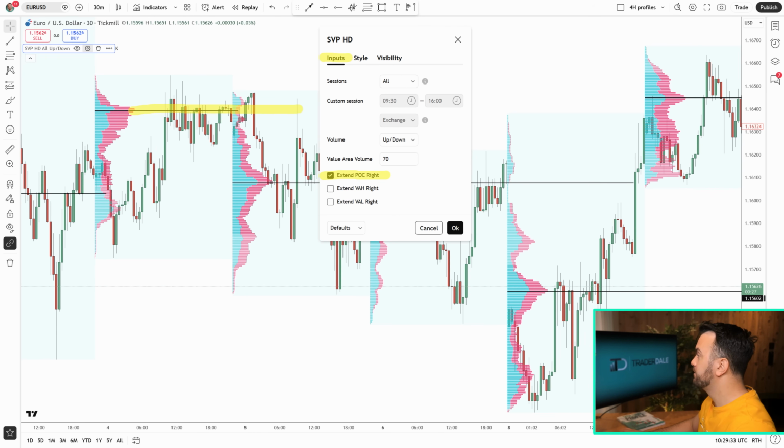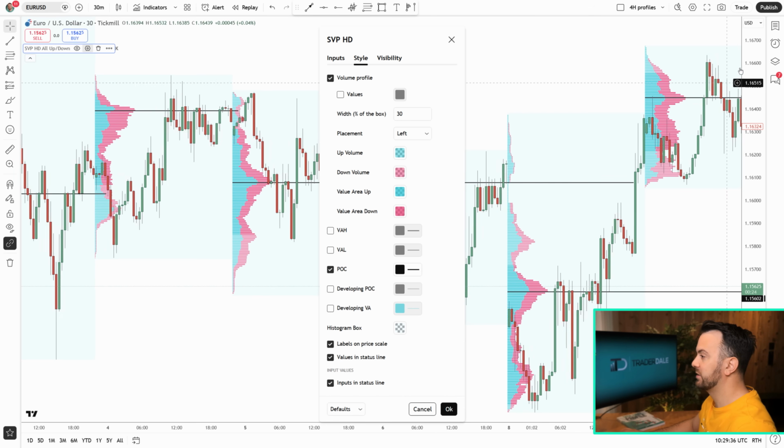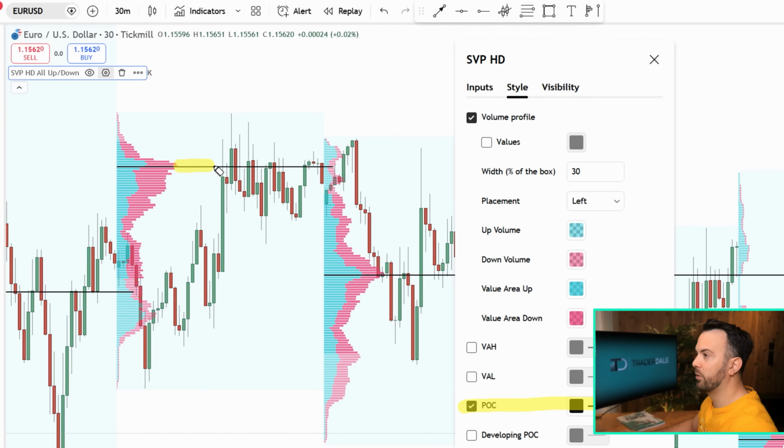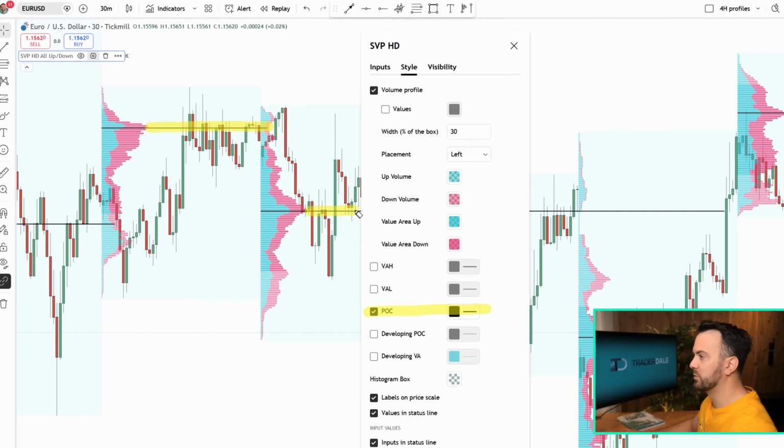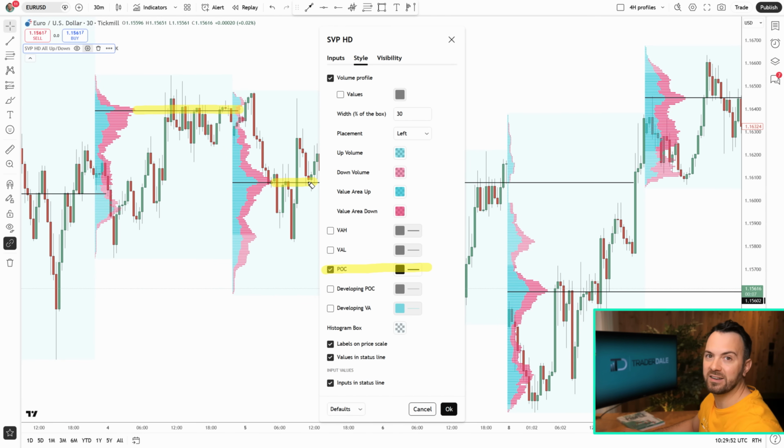The second thing, if you go to the style section, then you need to have the point of control on. So the volume profile shows the point of control. On the chart, the point of control is this black line, which shows where the volumes were the heaviest in that day. The rest is just colors and visual settings, so we can leave this at the default.